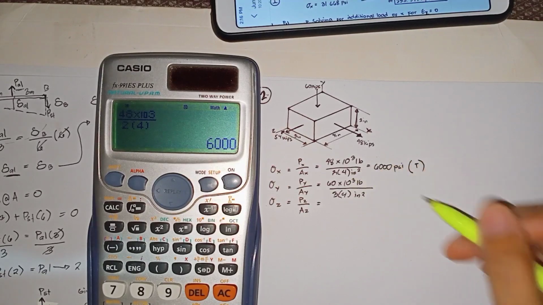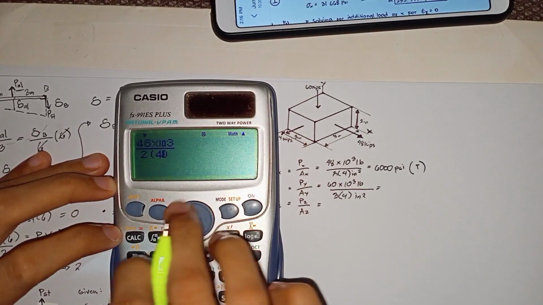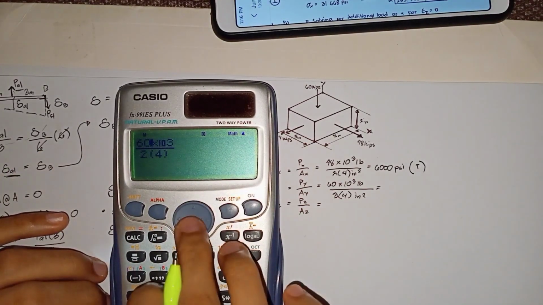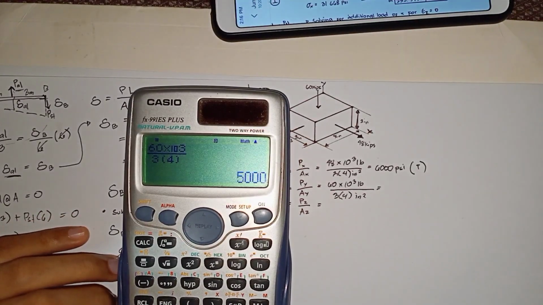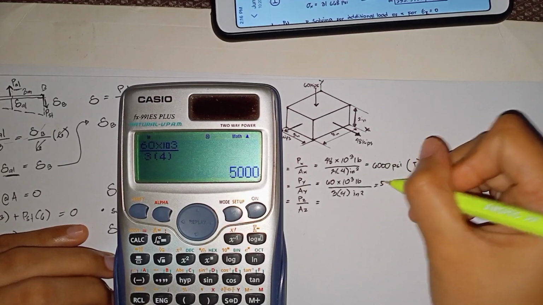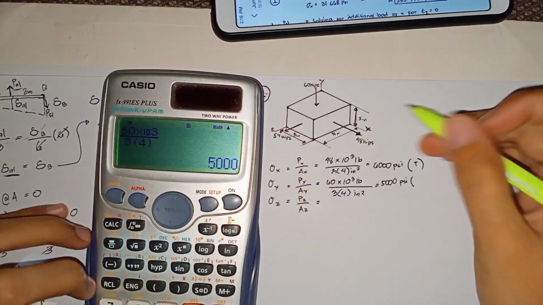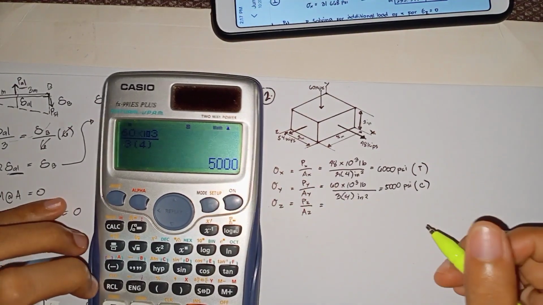So, that becomes inch square too. Another one. Let's calculate. So, 60 equals 5,000 PSI. Its direction, since this is compression, so it is compression here.